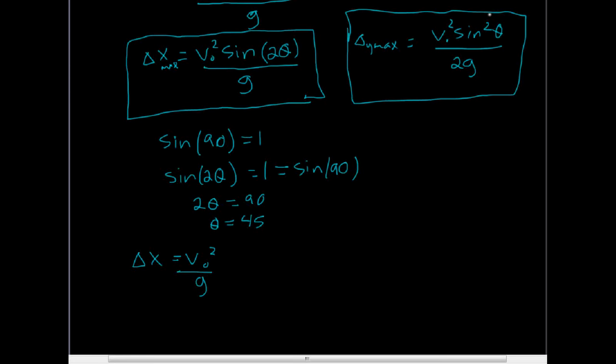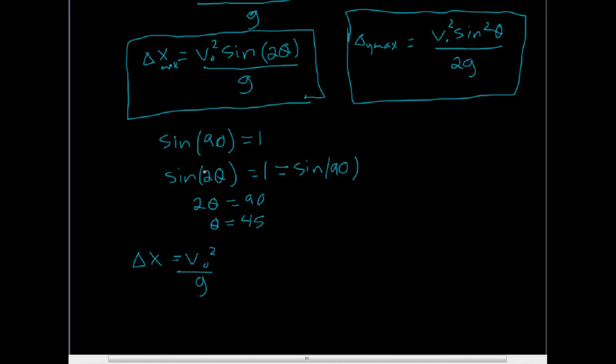Again, we know that the maximum value of sine of theta is going to be 1. So therefore, the maximum value of sine squared of theta is also going to be 1, because 1 times 1 is 1. And as we already know, the angle that gives sine theta its maximum is 90.